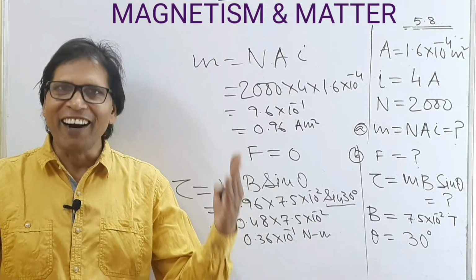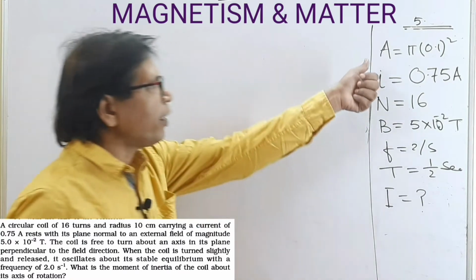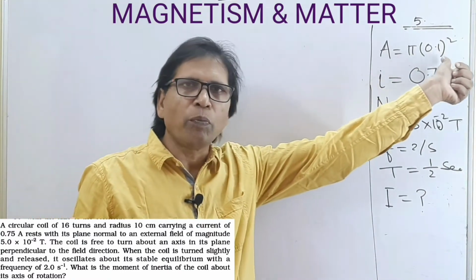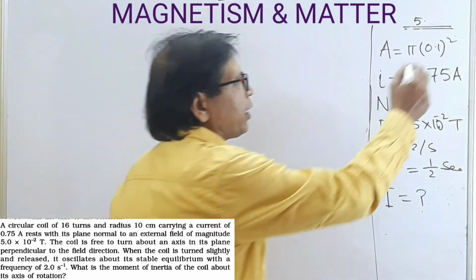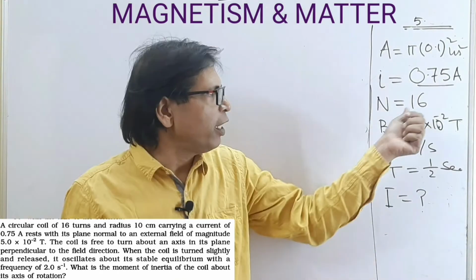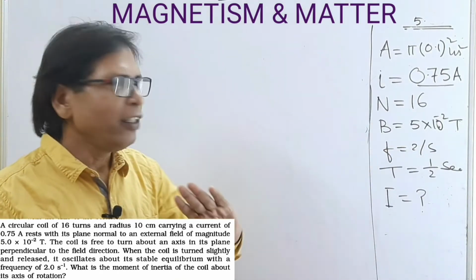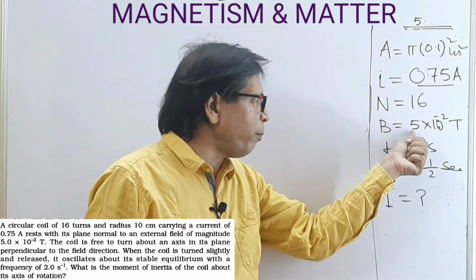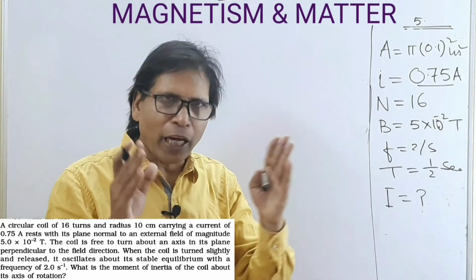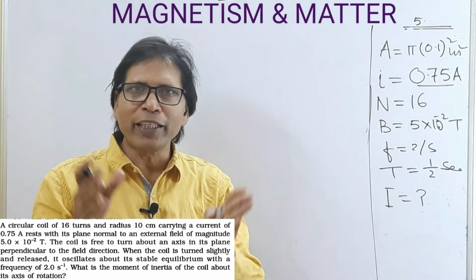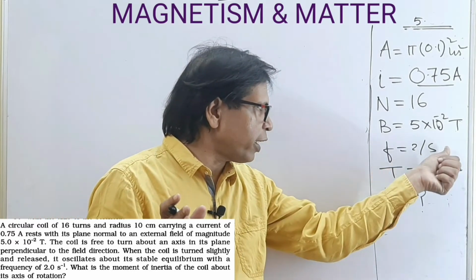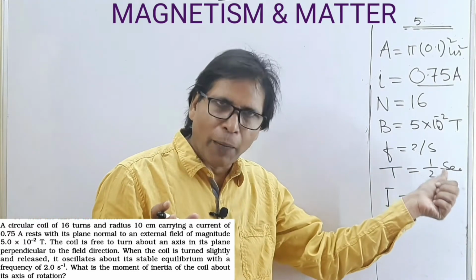Okay. Now next. Now look at this, a circular coil of area pi into 0.1 whole square meter square carrying a current 0.7 ampere and it has 16 turns. It is placed in a uniform magnetic field 5 into 10 to the power minus 2 Tesla. The circular coil oscillates about its equilibrium position and frequency of oscillation is 2 seconds, so period is half second.